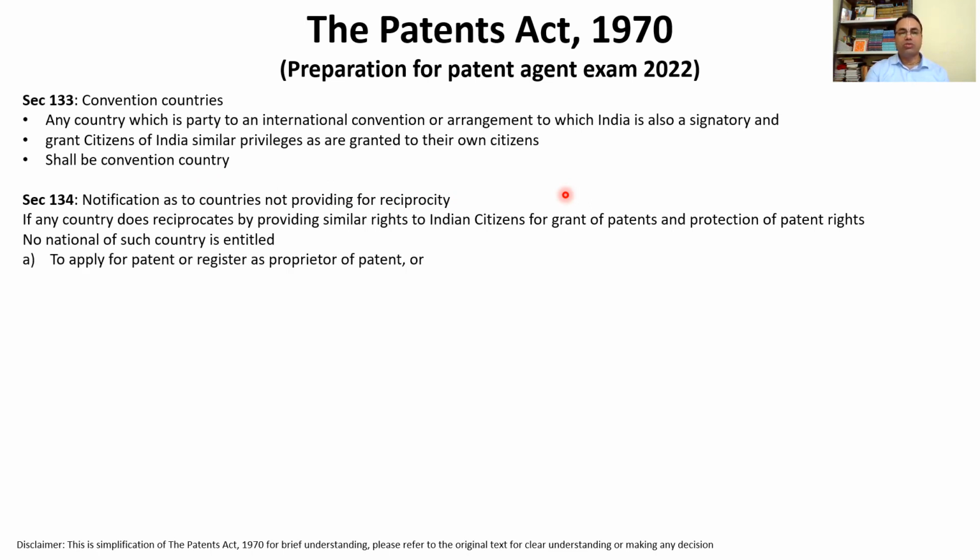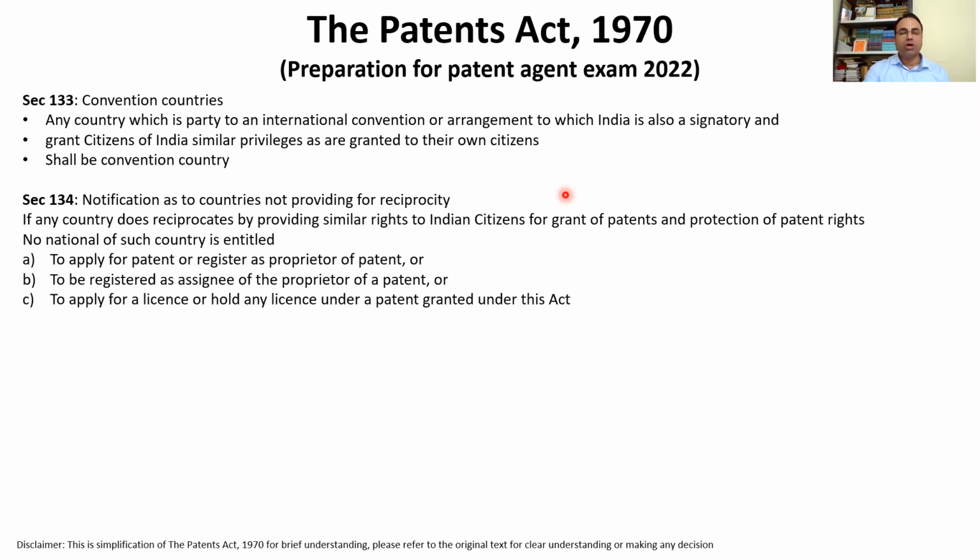So what can such citizens from such a country not do? They cannot apply for a patent, or register as proprietor of a patent, or register as assignee, or apply for a license, or hold any license under a patent granted under this Act.